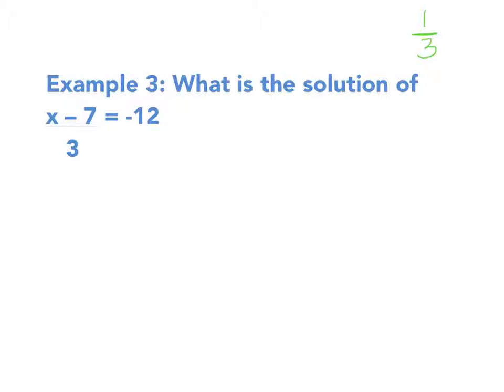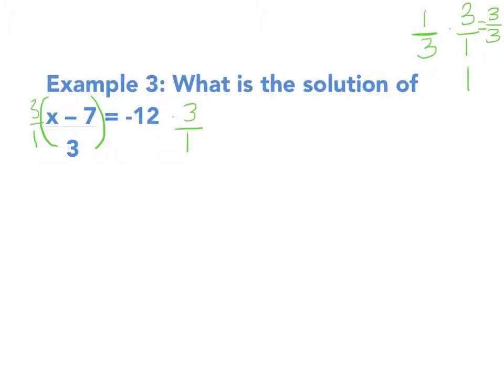So in order to cancel out fractions, you have to multiply by the reciprocal. So I'd multiply by 3 over 1. And that equals 3 over 3, which is, as we know, just 1. So that's why we multiply by the reciprocal. So I'm going to multiply both of these sides by 3 over 1.